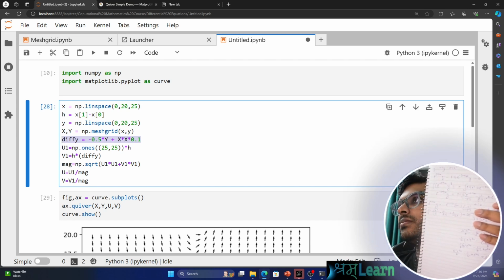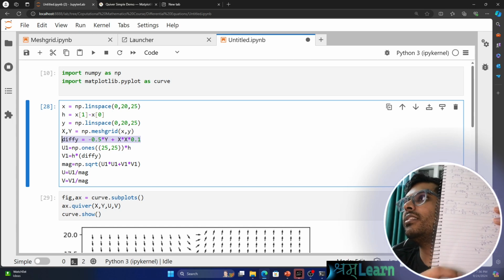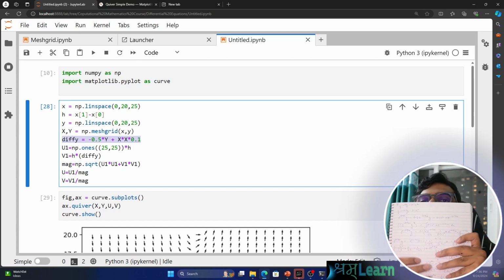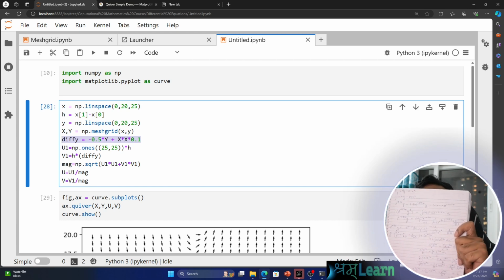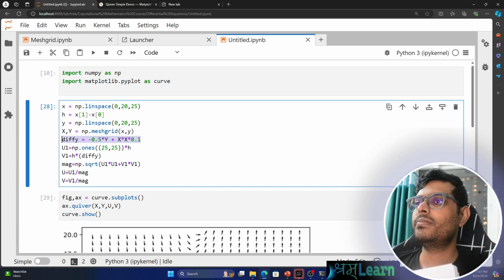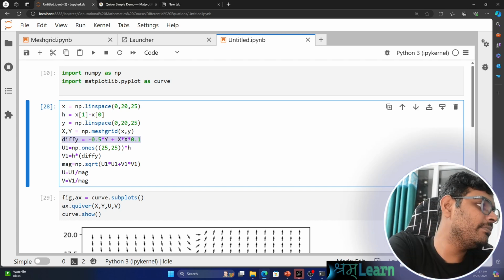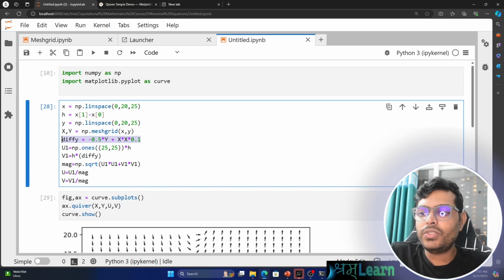I don't know how much it is visible, but I have found the solution using the initial method. Okay, fine, let me write it. It's not visible perhaps, so I have to write it.